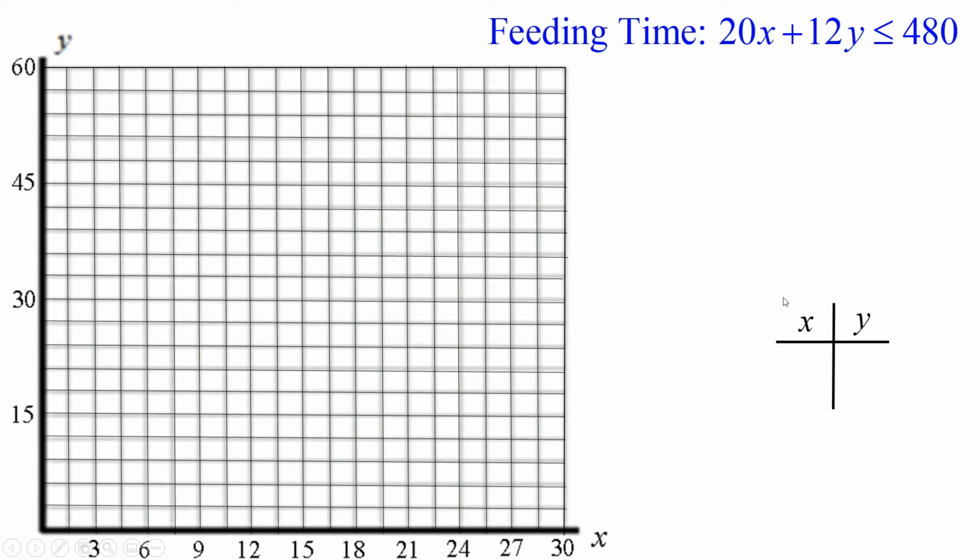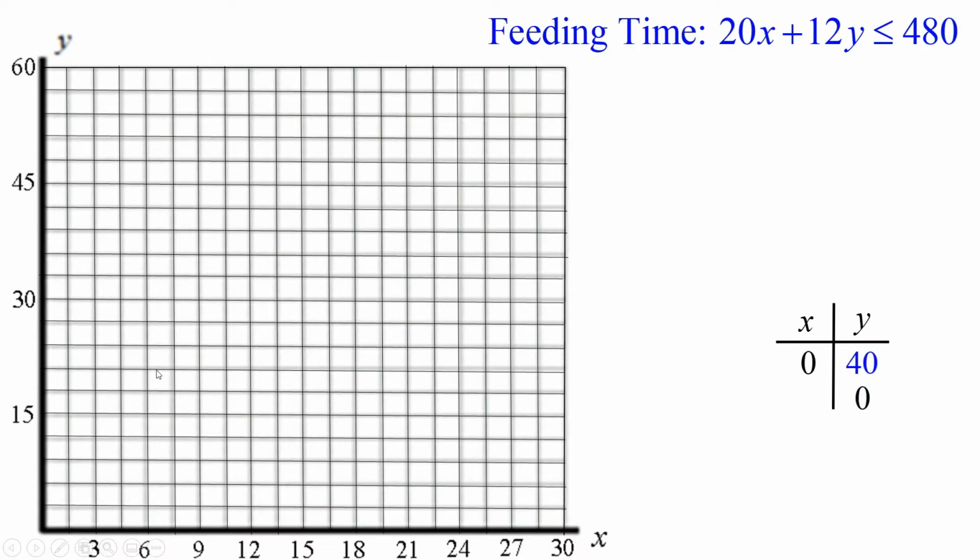And we're going to use our intercepts. So at x equals 0, I have my y-intercept, and at y equals 0, I have my x-intercept. So if x equals 0, I have 20 times 0 is 0, and I'm left with 12 times y is 480. So y would be 480 divided by 12, and that's 40.